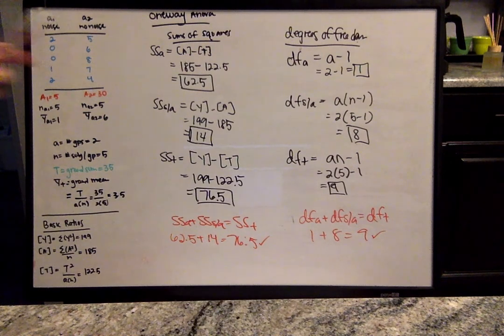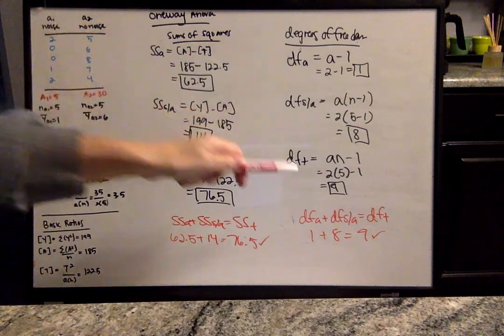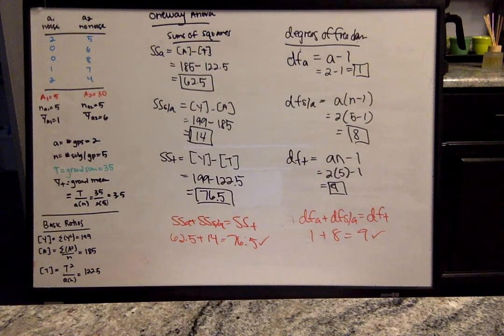If we had 100 subjects, our degrees of freedom T would be 99. If we had 50 subjects, it would be 49. It's always going to be 1 fewer than the total number of observations. So that's just a good secondary check to do for degrees of freedom. In the next video, we're going to put these things together to calculate our variability.